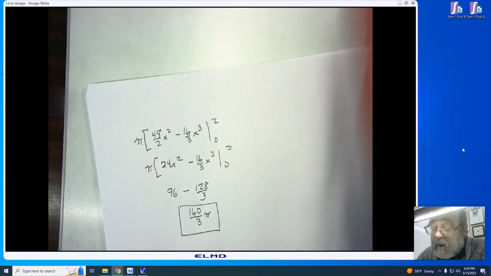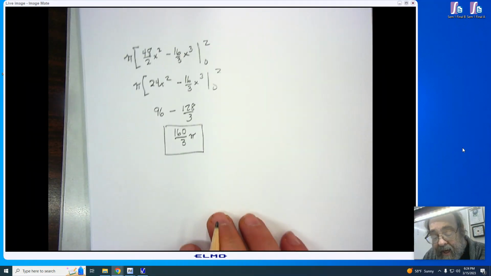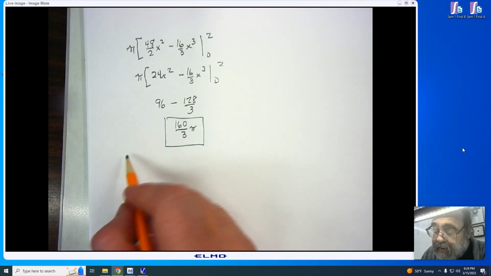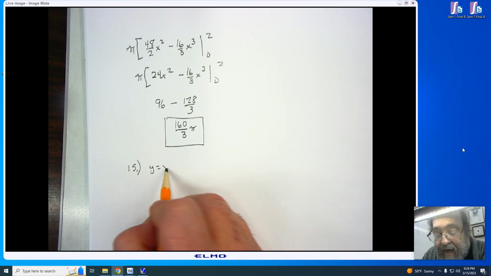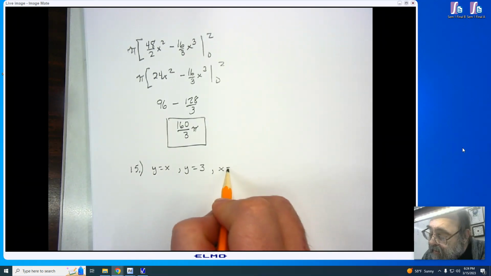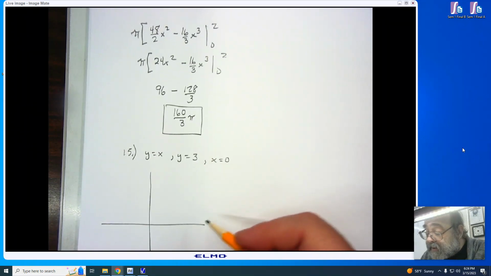Now you should already start to realize that a lot of this is just going through the process. They're going to ask you to revolve around various lines. So number 15, for example, you have y equals x, y equals 3, and x equals 0. Let's draw this.